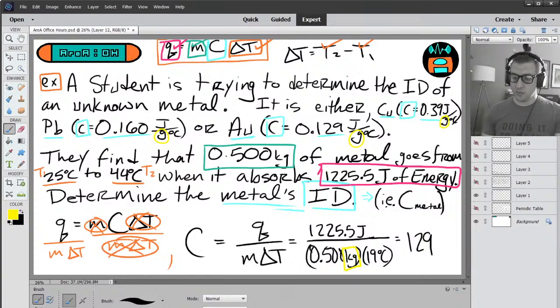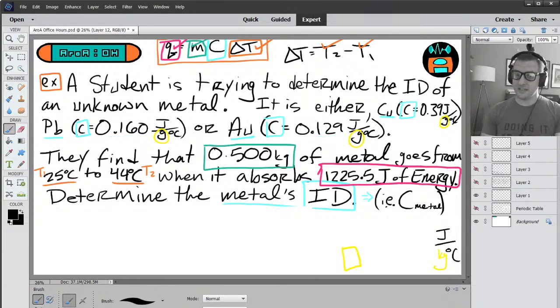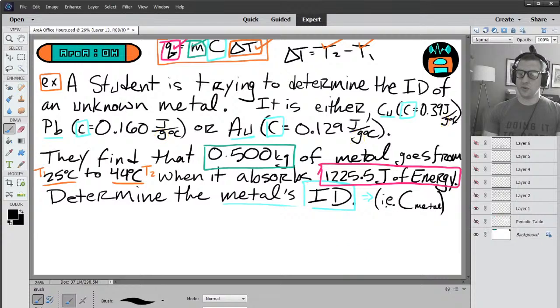So this is actually 129 joules per kilogram degrees C. So we need to convert our mass from kilograms to grams to get it into the same units so that we can appropriately compare our calculated specific heat capacity to those given. So let's do that unit conversion and then we'll recalculate.